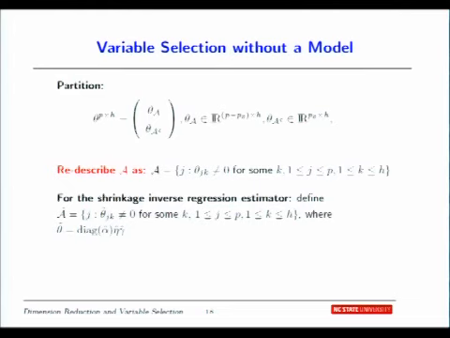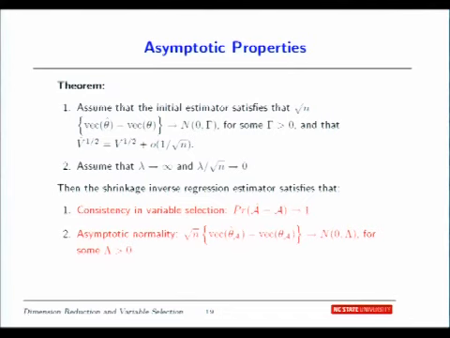And given all this information, we are ready to talk about the main theoretical result. What we found is that, as long as our initial estimator theta hat is root n consistent, and as long as this V hat matrix is root n consistent, and by imposing those usual conditions which are also assumed in model-based variable selection, we get the following results.